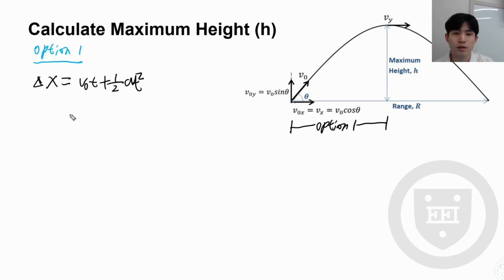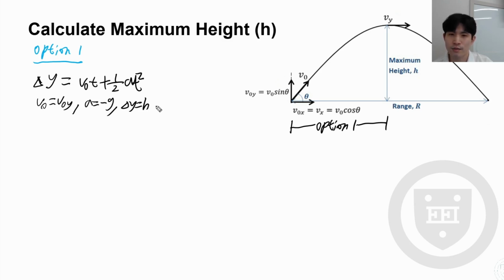Since we are only considering vertical components of the velocity with vertical displacement, instead of writing delta x, we can write it as delta y for this problem.